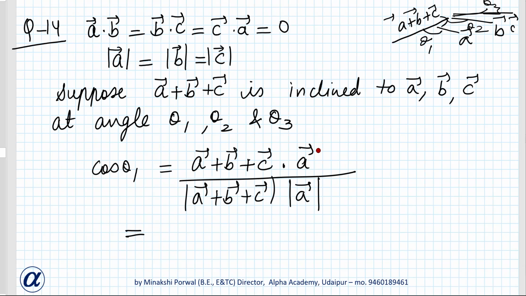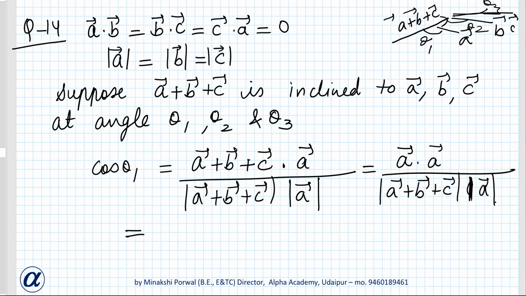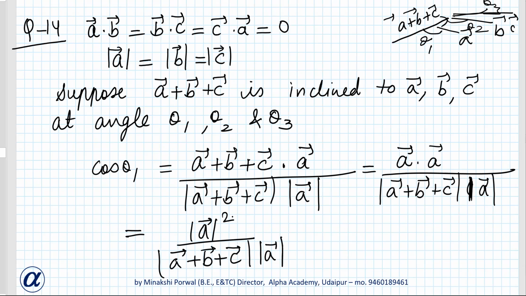So this dot product will result in only A dot A. So this will be vector A dot vector A upon mod of A plus B plus C into mod of A. A dot A can be written as mod of A square upon mod of A plus B plus C mod of A. This and this cancel. So this is cos theta 1. Are you getting this?